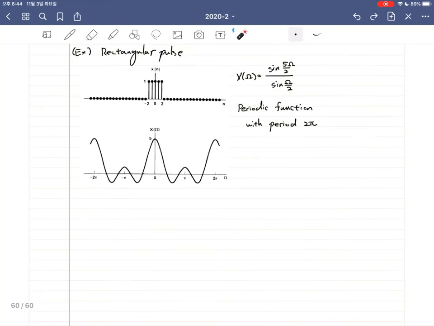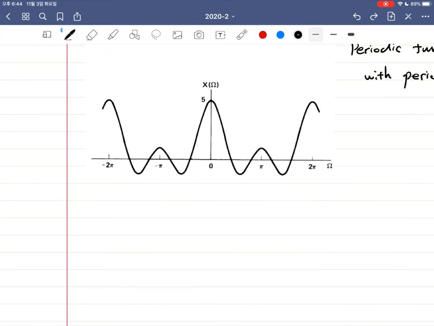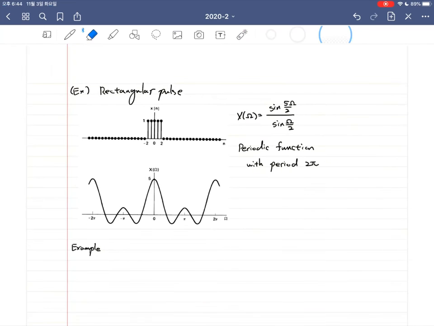The second example is the decaying exponential. I'll stick to this example.